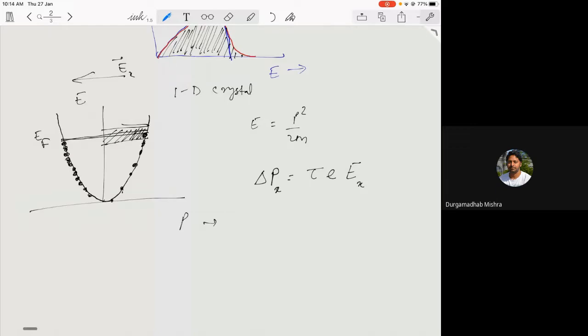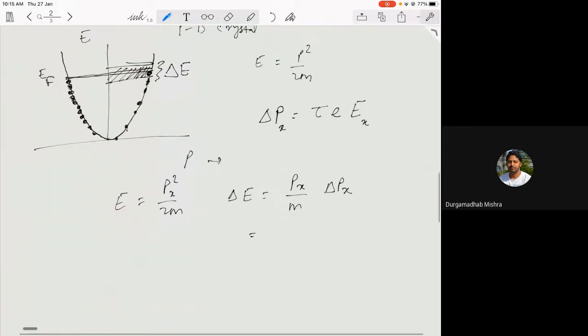And what is the energy change? This delta E is the change in energy of those electrons. Only the electrons close to the Fermi level participate in the conductivity, and they will have an energy change of about delta E around the Fermi level. So what is delta E? The energy is Ex square by 2m, let's say. That means delta E will be Px by m into delta Px.